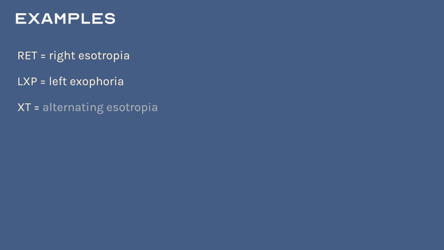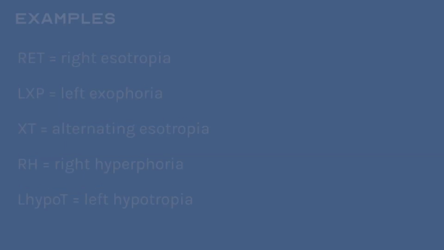Some examples are RET, which means right esotropia, LXP, which is left exophoria, XT means alternating esotropia, RH means right hyperphoria, L-hypo-T means left hypotropia. The recording may also state if a strabismus is constant or intermittent and what pattern it follows. Your doctor will have a better understanding of these notations.